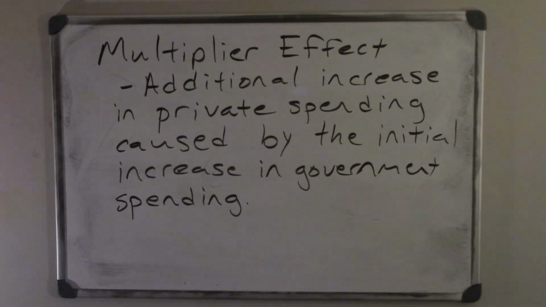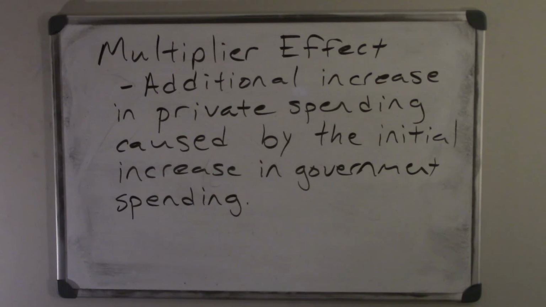So they're spending on lunch at the local diner, and on really anything else. Whatever they spend their money on, that's increasing private spending, because that wouldn't have occurred without the government spending.